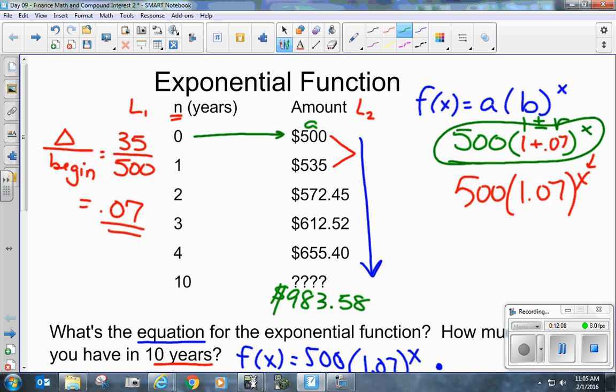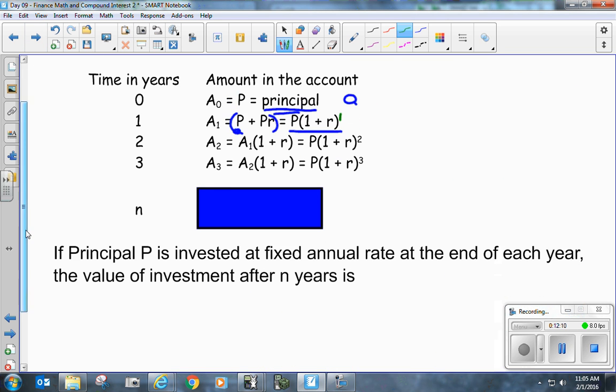Curious. Let's take it another step further. A2. You take what A1 is, which is P times 1 plus R, and you multiply it times another 1 plus R. What happens when I have something multiplied by itself?